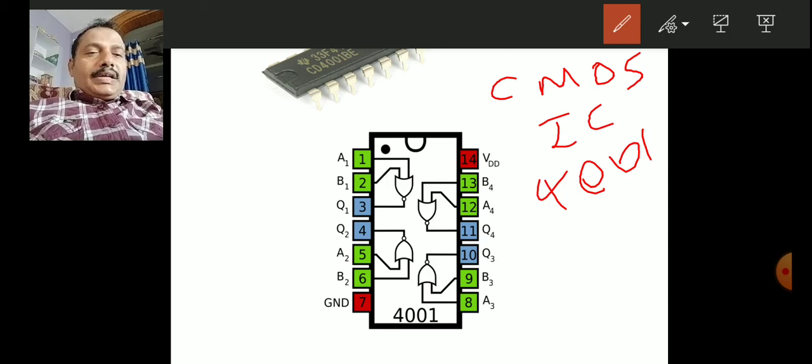Let us consider, this is the first NOR gate, second, third, fourth NOR gate, and inputs of the first NOR gate, let us observe A1, B1, both the pins are inputs, and Q1 is the output of this NOR gate. Similarly, other three NOR gates we can observe.